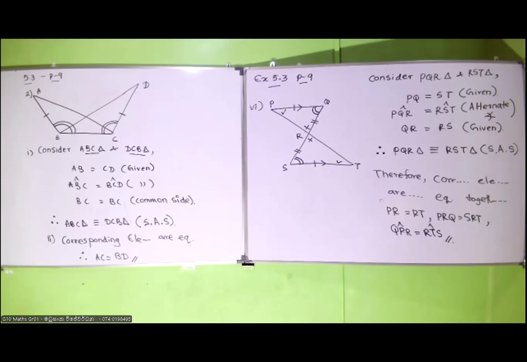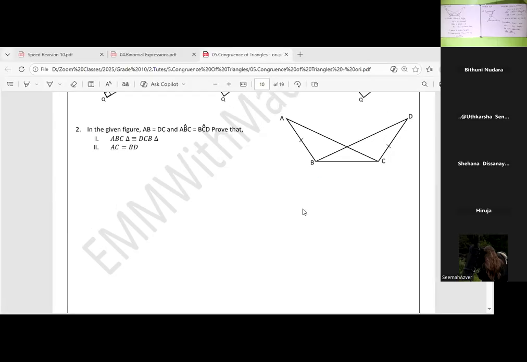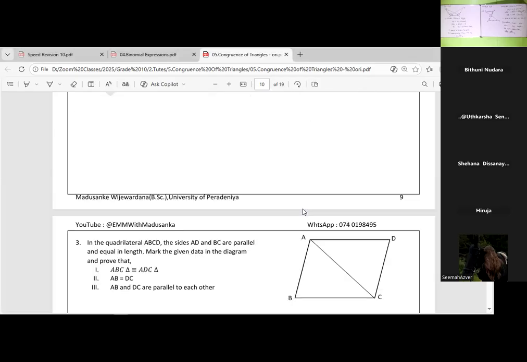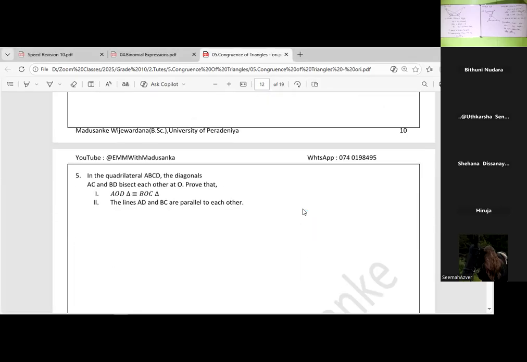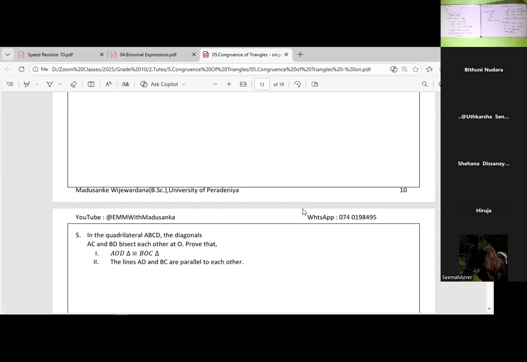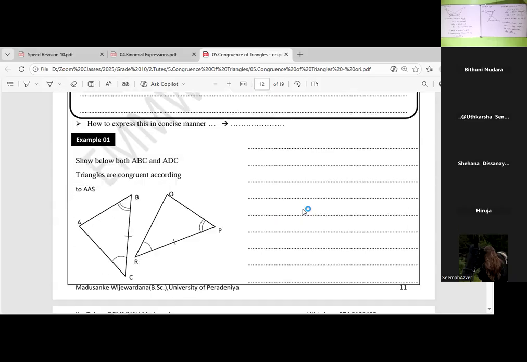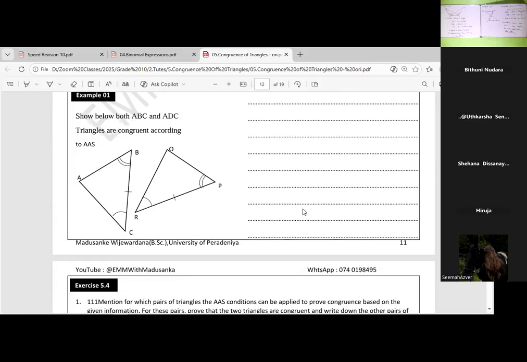Last thing, I'm going to share the screen with you. We are going to page number 11. The rest of the questions I will do as homework, so you have to try yourself first.